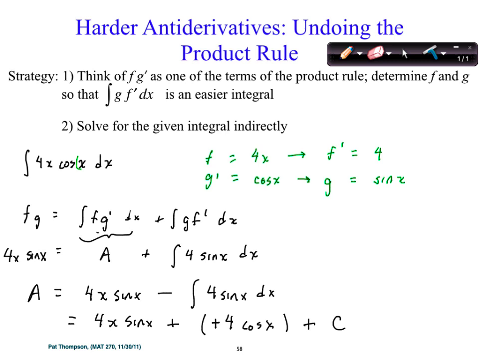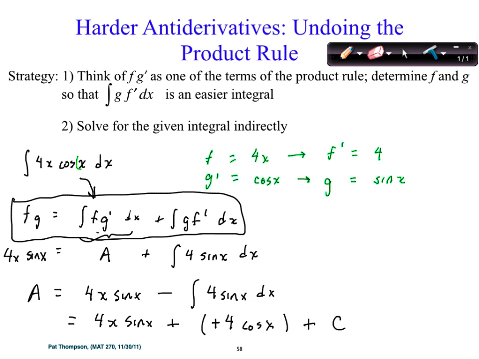Any other questions? Yes, ma'am? Can you explain what you did? Yes, so remember this is like the product rule, right? My integral is of this form. There are two factors here, 4x and cosine x. First of all, I have to make a choice: which one's the f and which one's the g prime?